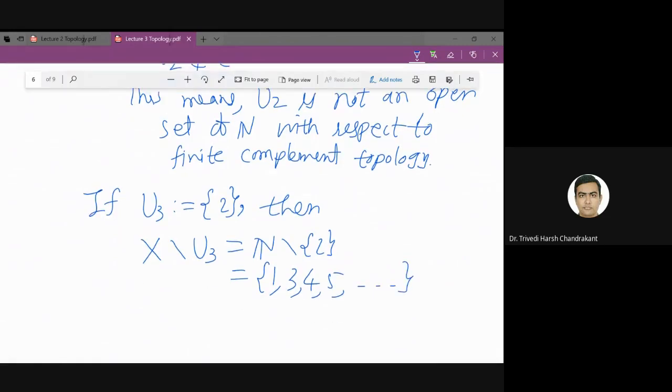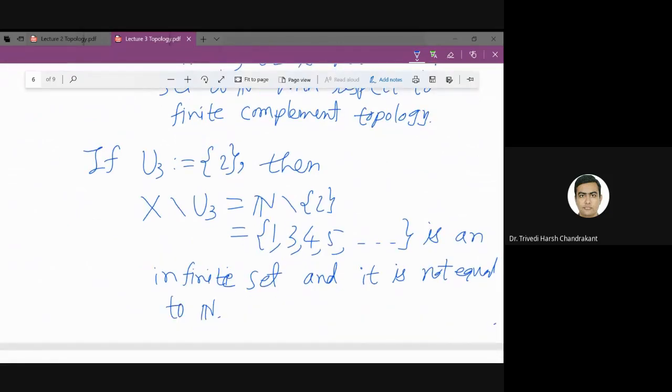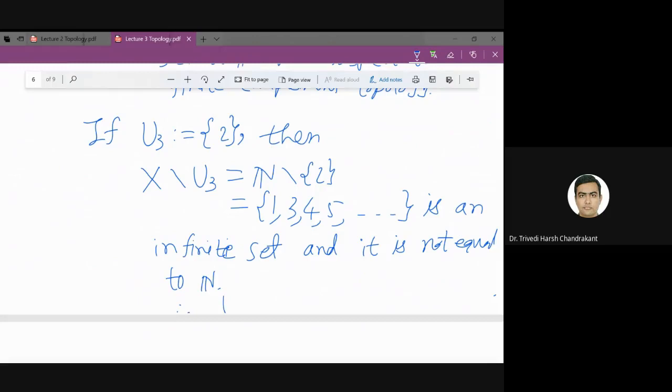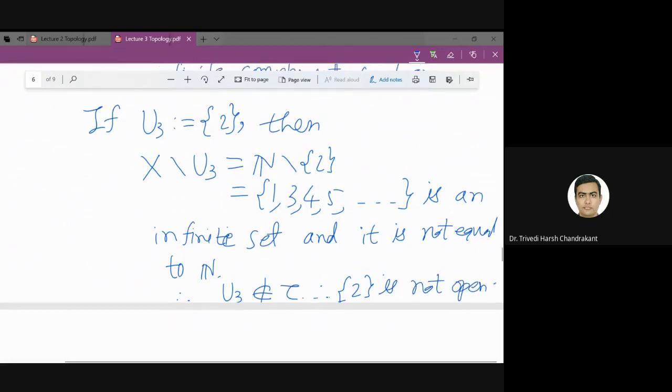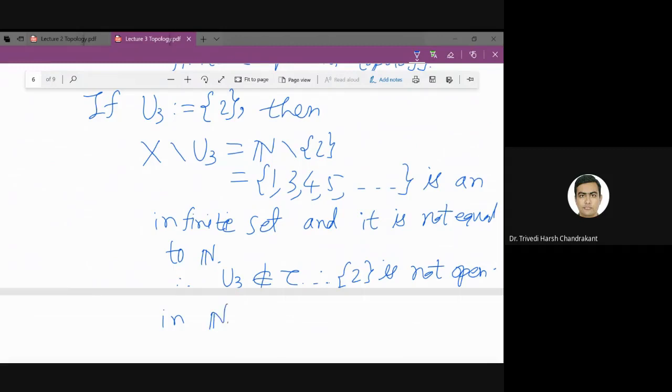We know that this is an infinite set, and it is not equal to the set of natural numbers. So U3 does not belong to this tau. Therefore singleton 2 is not open in the set of natural numbers.